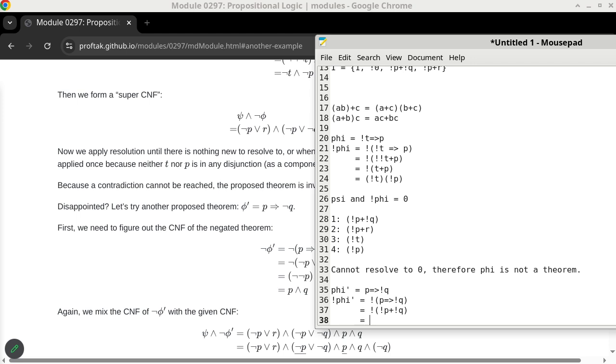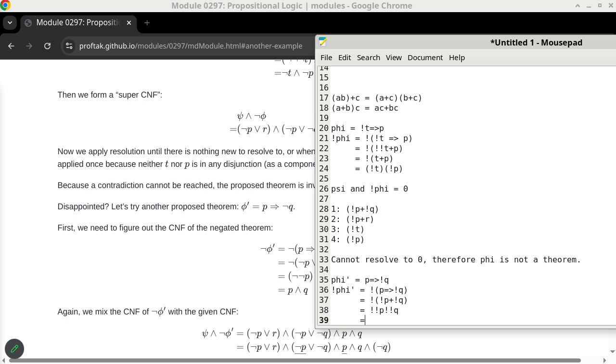Because it is always valid to apply De Morgan's law in order to convert a Boolean expression into a CNF. So we apply De Morgan's law. So now we have not P and not Q. Then we apply the simplification. Double negation cancels out. So now we have P, Q as a CNF.